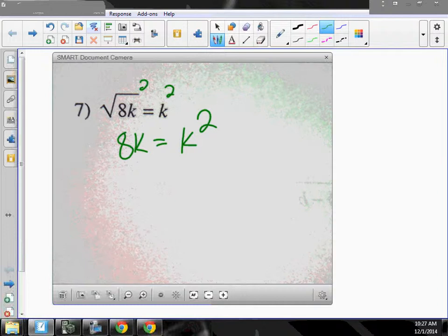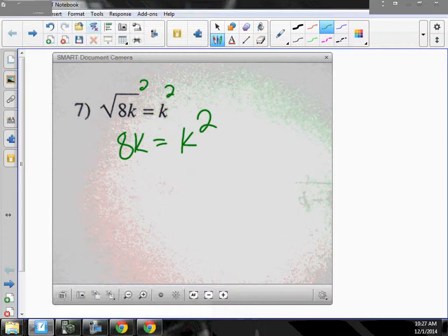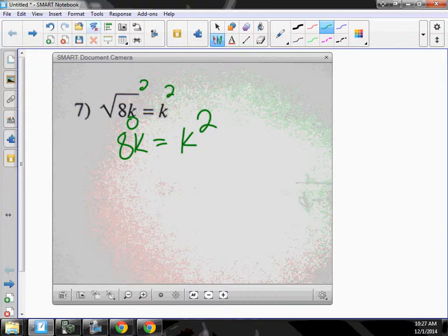So whenever you see a k squared, you need to set it up in the box and factor it. Well, at least try to. So if you see k squared, we need a 0 here. We're going to move everything on this side over to that side and factor, because if there are 2 solutions, you need to factor to find out what they are.